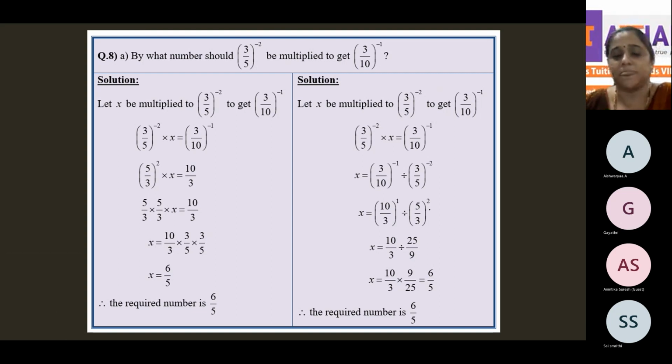Then after that, I've written the value of 5 by 3 the whole square. What is 5 by 3 the whole square? 25 by 9. See, when should you write the reciprocal? Only when you change a division sign to multiplication must you write the reciprocal. Otherwise, you should always write the equivalent only. That is, reciprocal of the base, negative of the power.